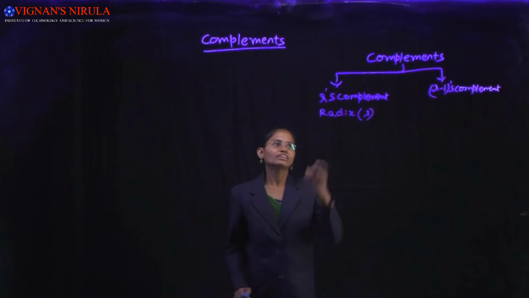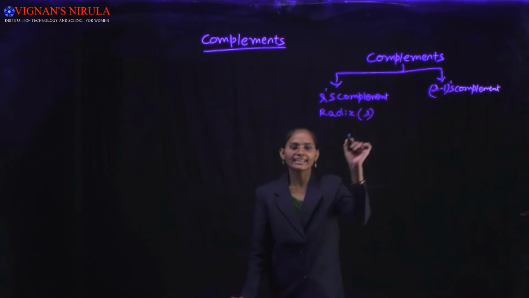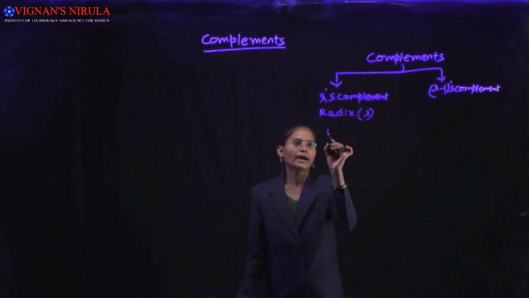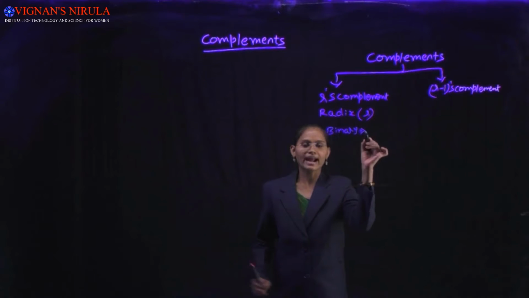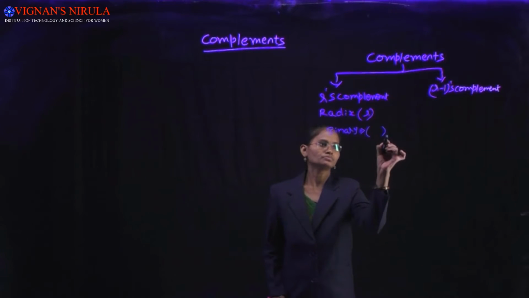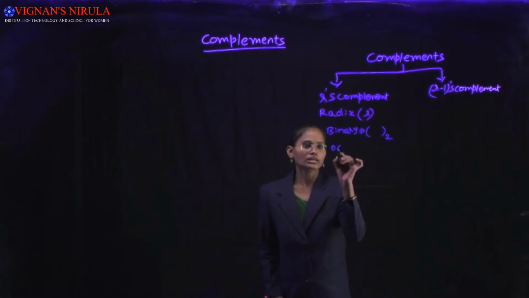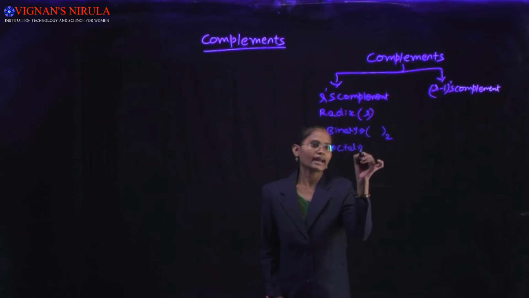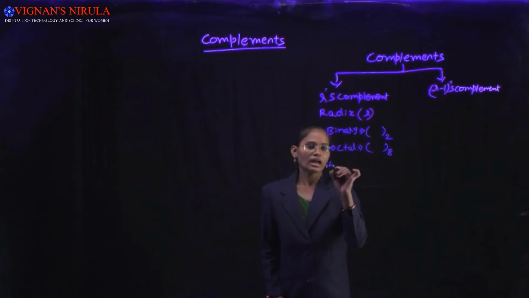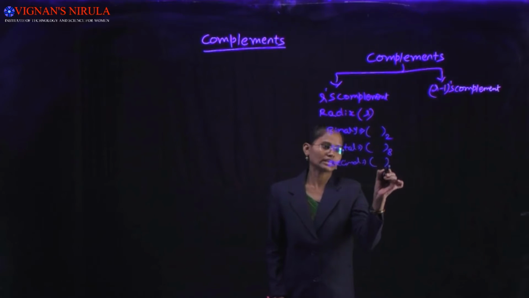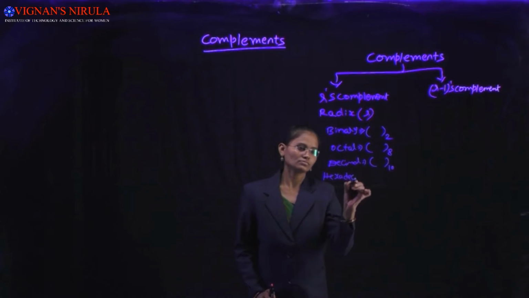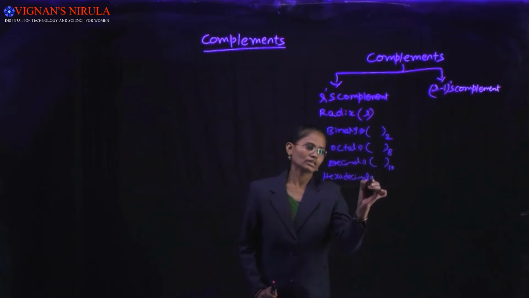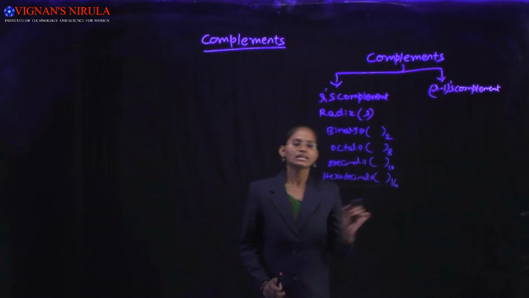Okay, here first R's complement. In number systems, the binary number system has radix 2, octal has radix 8, decimal has radix 10, and hexadecimal has radix 16.